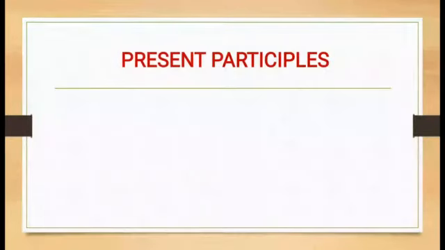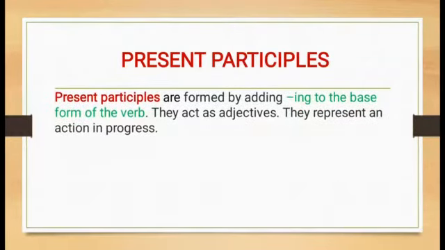Let's talk about present participles. Now, a present participle is created by adding ing to the base form of the verb, and it functions as an adjective. Do not get confused between gerund and present participles.